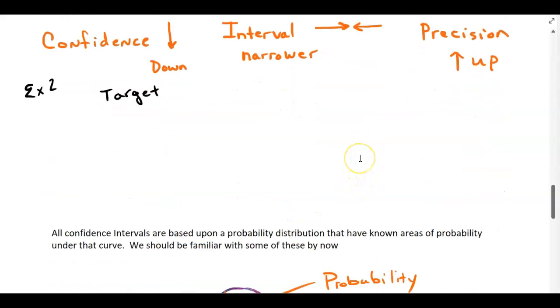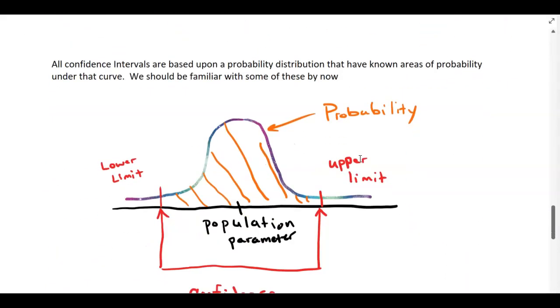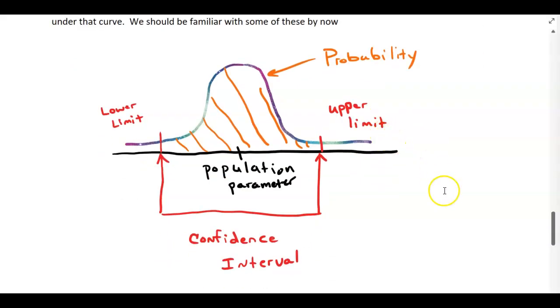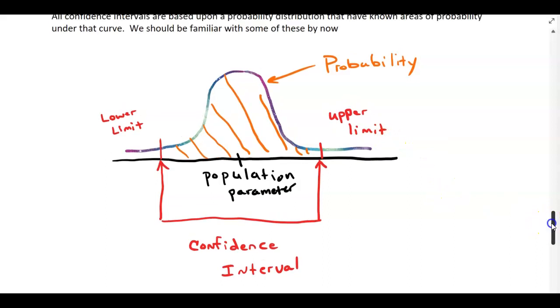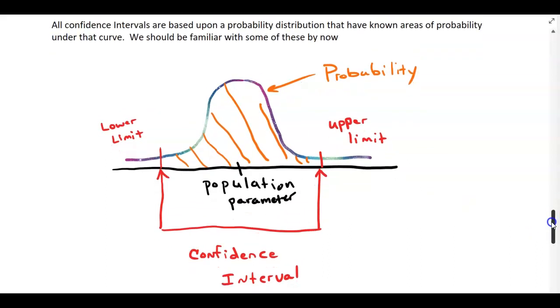Now, all confidence levels are based on a probability distribution. We've been talking about probability distributions, and if you can humor my drawing down here, this sort of looks like the normal curve that we've been talking about.